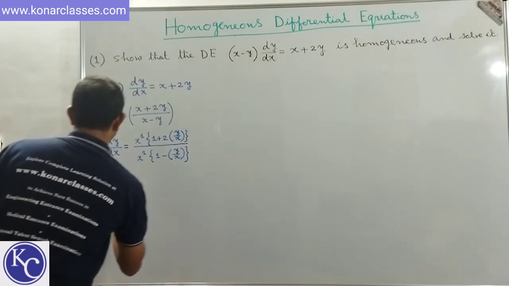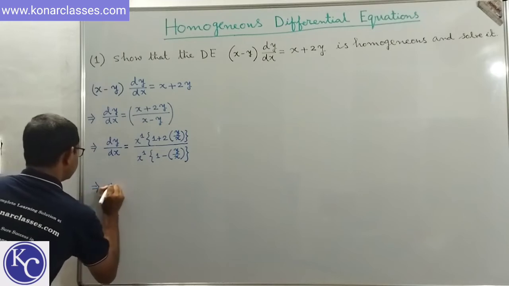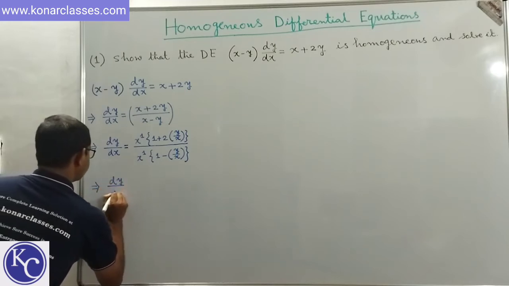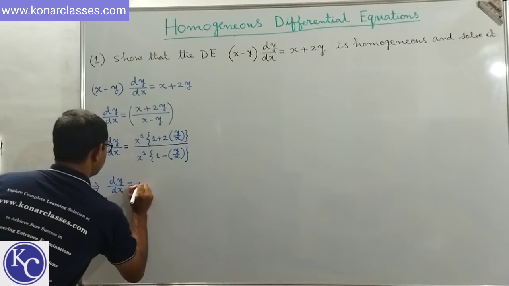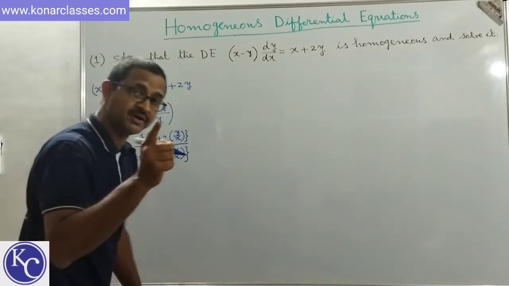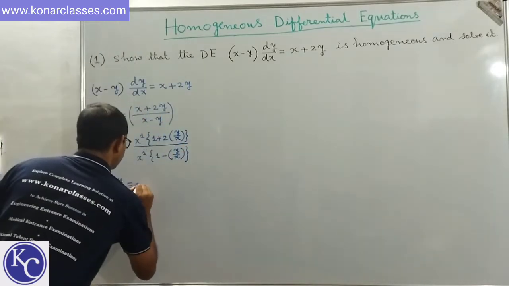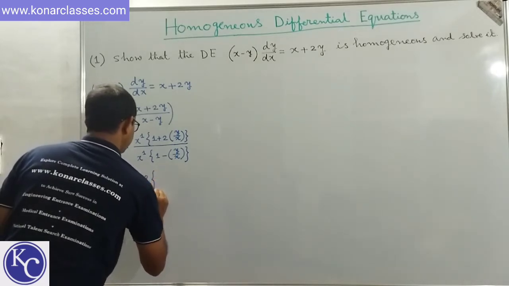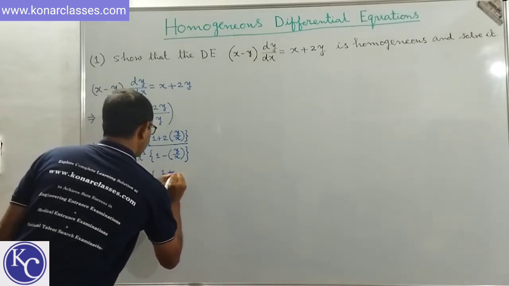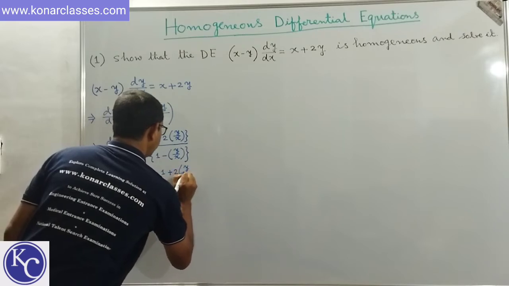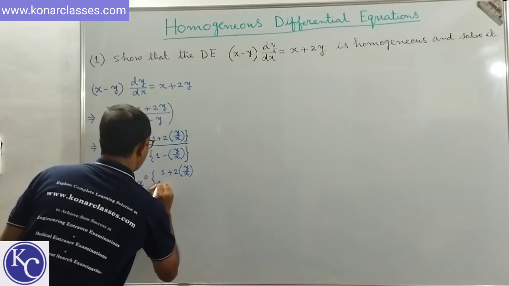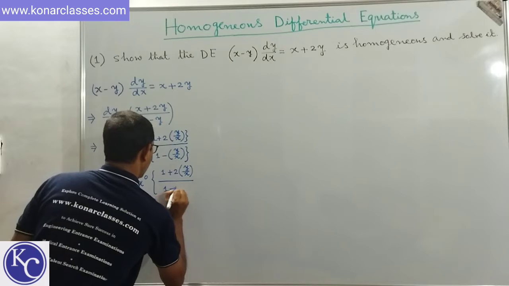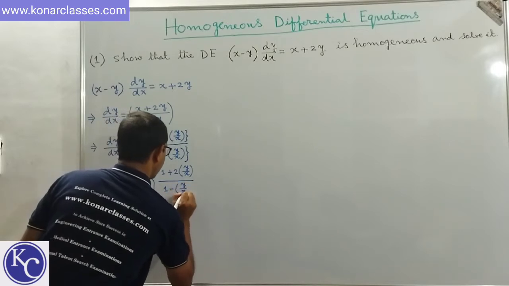So from here we get dy/dx is equal to x to the power 1 and x to the power 1 get cancelled, so we can write x to the power 0, and the numerator is 1 plus 2 into y by x, and the denominator is 1 minus y by x.